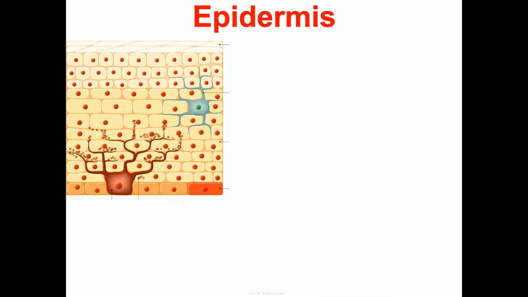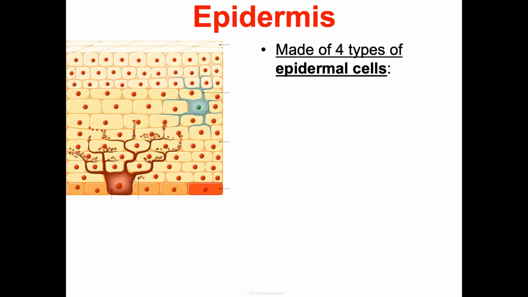Okay, let's talk more about the epidermis and its structure specifically. When we're looking at the epidermis, it's basically made of 4 types of epidermal cells. So the main ones are keratinocytes. These produce keratin, which is a protective protein. They are on the surface of your skin and all throughout.